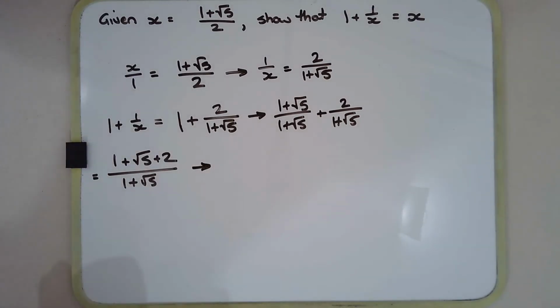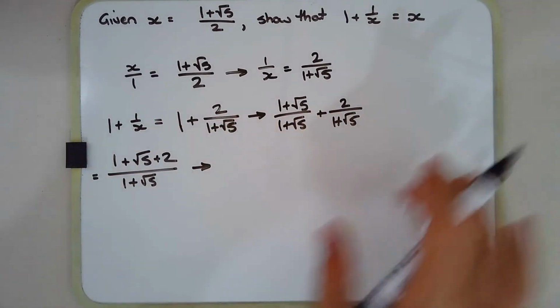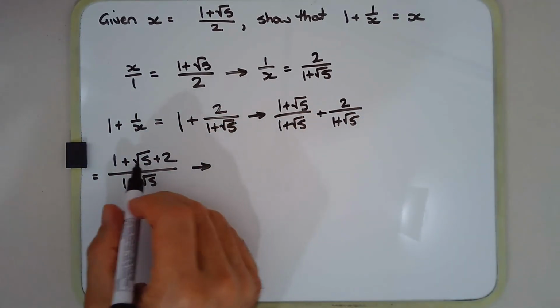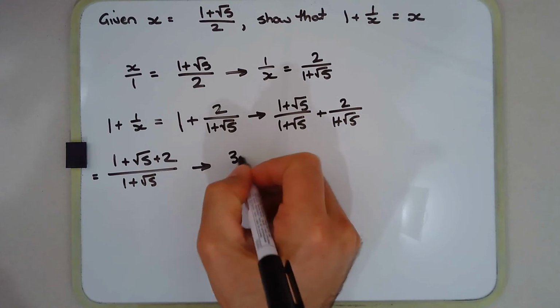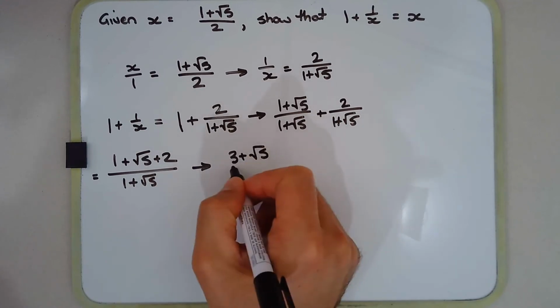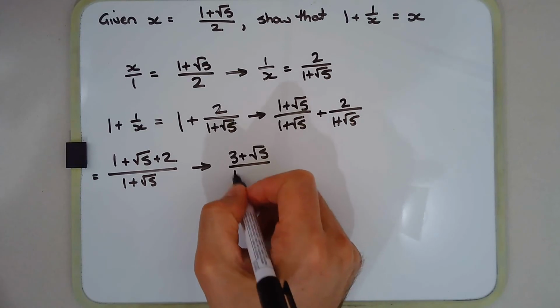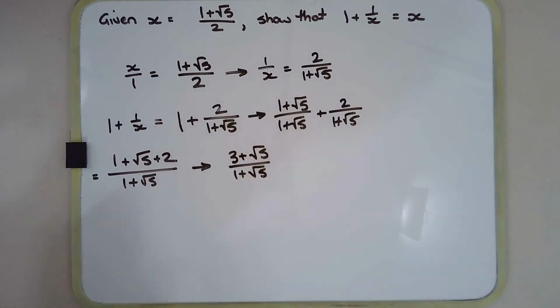I'm going horizontally here to save some board space. We have (3 plus root 5) over (1 plus root 5). So far so good. Now we can rationalize the denominator and let's see what happens.